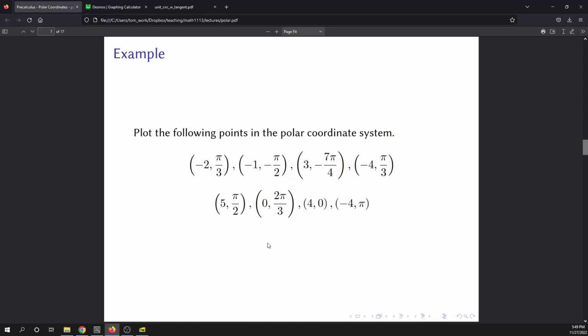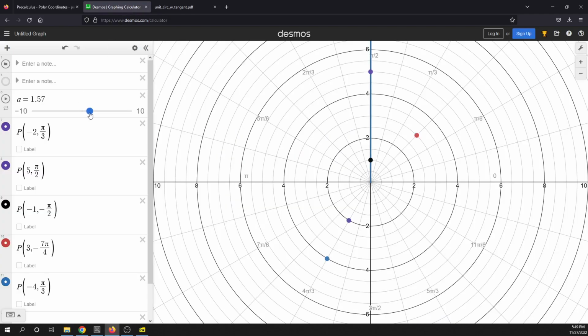Okay, next example is 0 comma 2 pi over 3. Okay, so again, start at 0, and I would rotate out to 2 pi over 3, right, which is right up here. That's the direction, right? And then I think about standing here at the pole, and I'd walk 0 units in that direction.